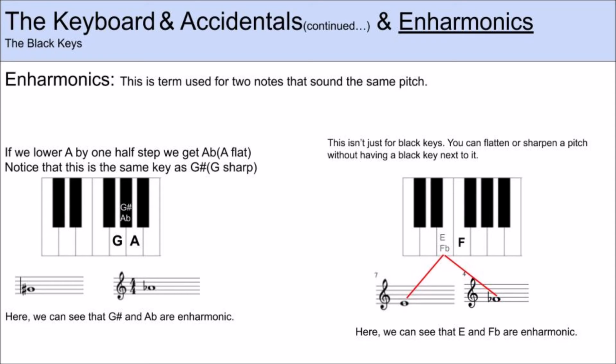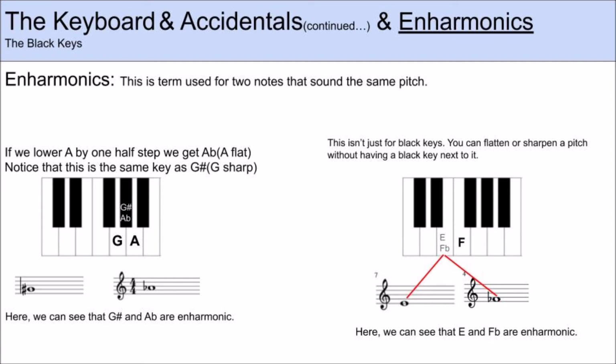Now we will discuss enharmonics. As you may recall from a couple slides ago, I referred to the black keys as having multiple names. The term that we use for two notes that have the same sounding pitch is an enharmonic. From the previous slide, we saw that if you sharp G, it will go up 1/2 step, or to the black key on its right.